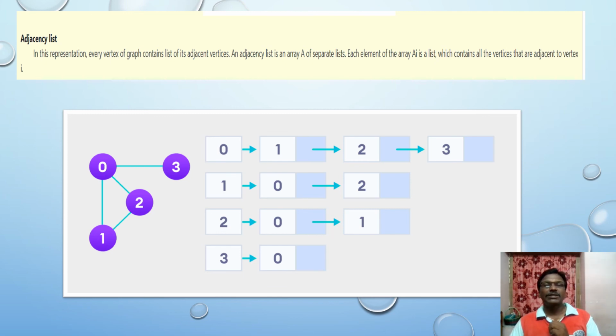And 1 is connected to 0 and 2 only. 2 is connected to 0 and 1. 3 is connected only to 0. In this way, the individual arrays represent the adjacency list. The list is nothing but an array. Is it clear?